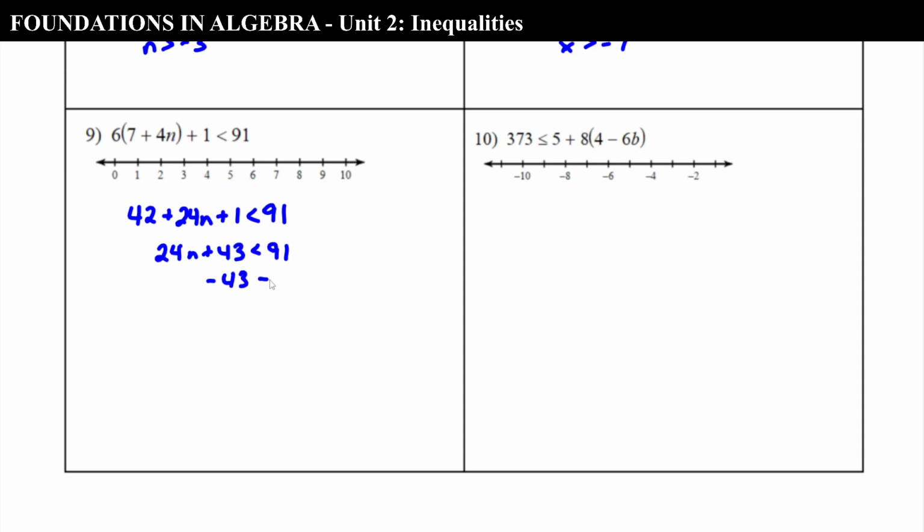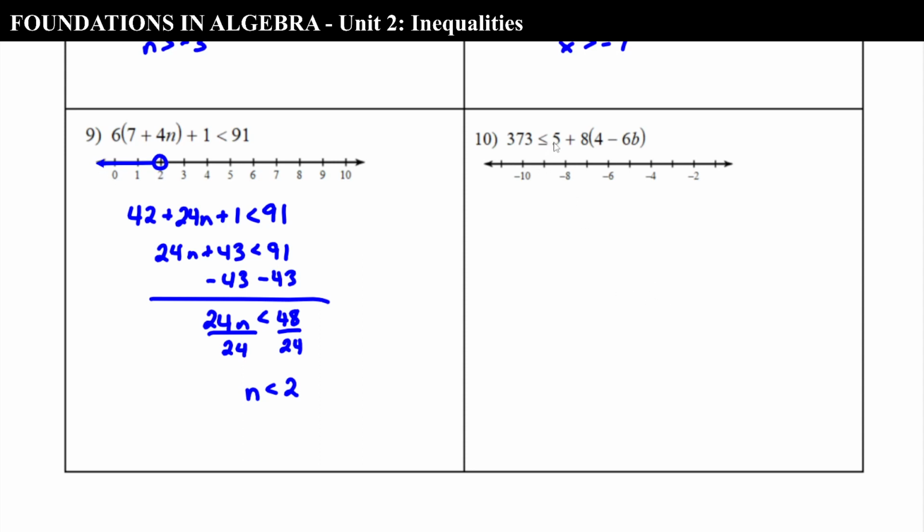Subtract 43 from each side, and that gives us 24n is less than 48. And then dividing each side by 24 gives us n is less than 2. So we have an open dot at 2, and since we're less than, we're going to the left.